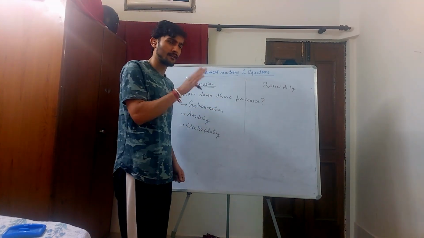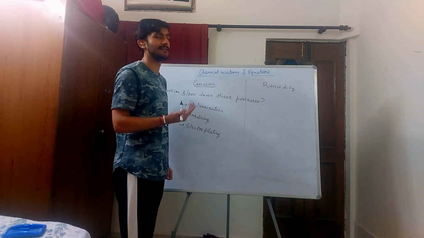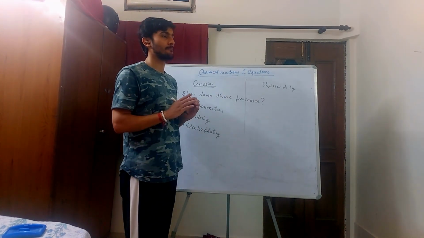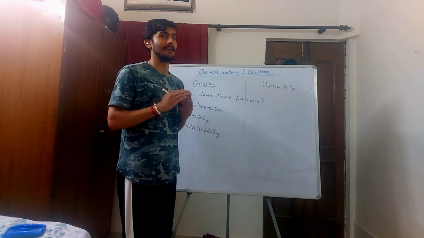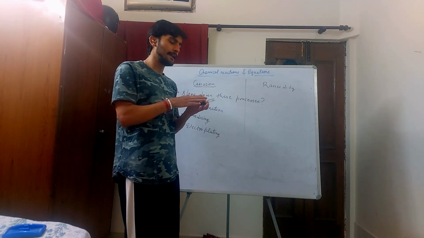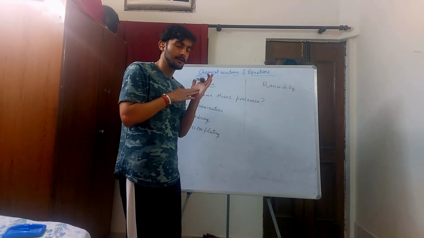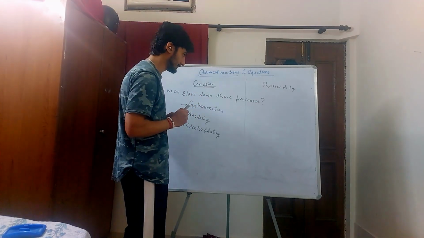Here we apply a layer of zinc on the metal. In anodizing, we apply a layer of aluminium oxide, because if we have a reactive metal, then they will corrode very quickly. If we have a less reactive metal, they will corrode slowly. So what we do, we put a layer of less reactive metal on reactive metals. So that will help me to slow down this process of corrosion.